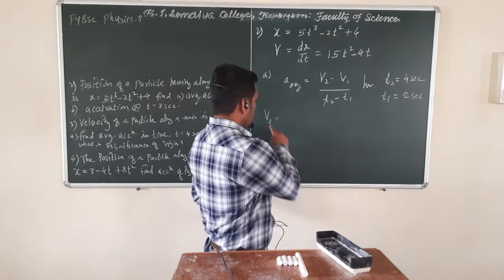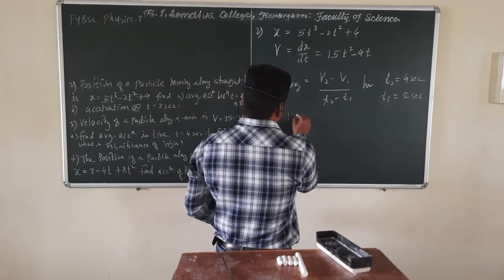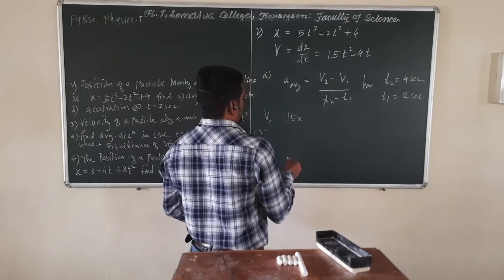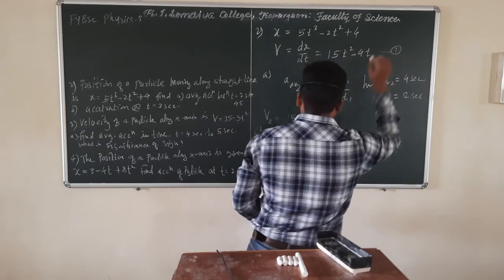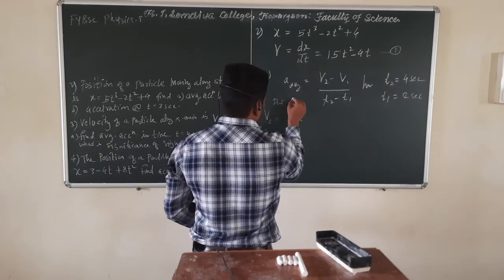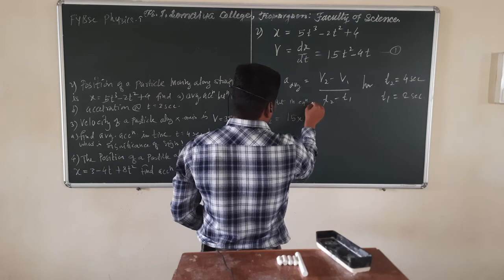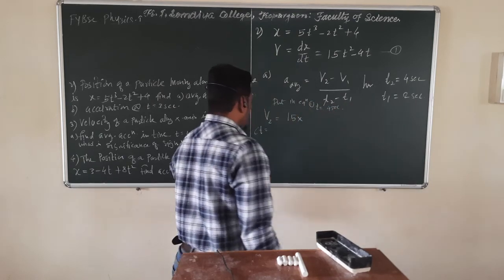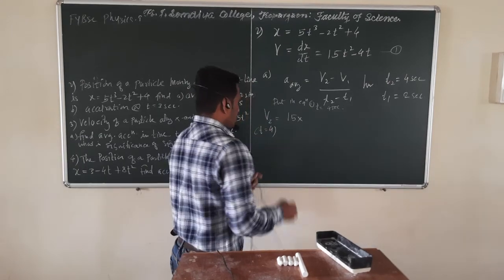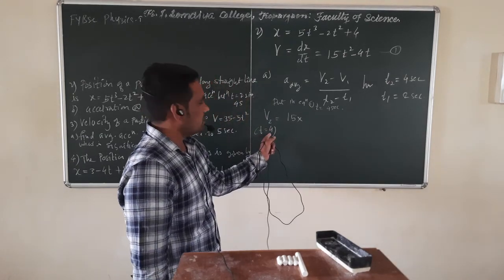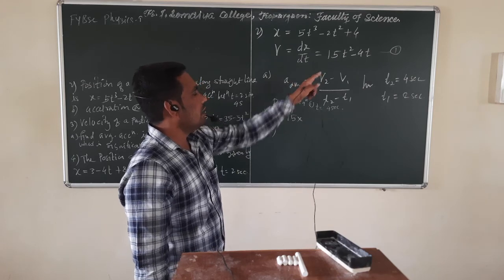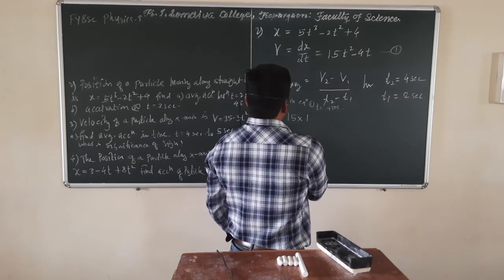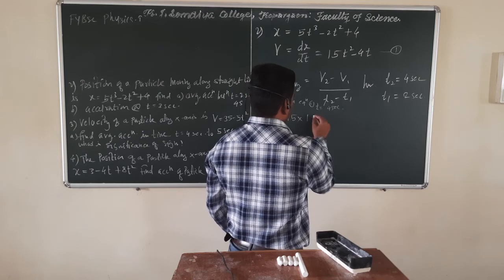Okay, so that is equal to 15 into, in this equation, call this equation 1, and put in equation 1 t equal to 4 seconds. What will we get? v2 is equal to 15 into, here we have to take the square, which becomes 16.